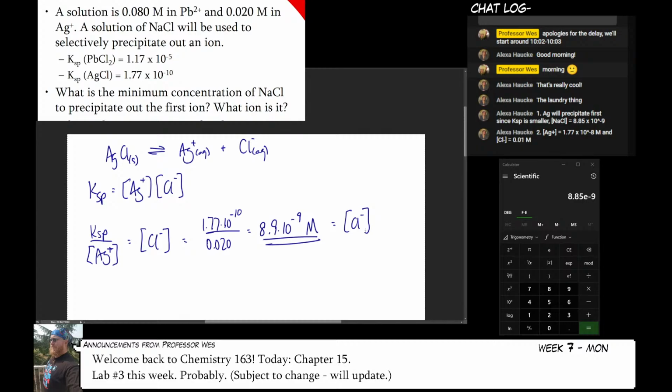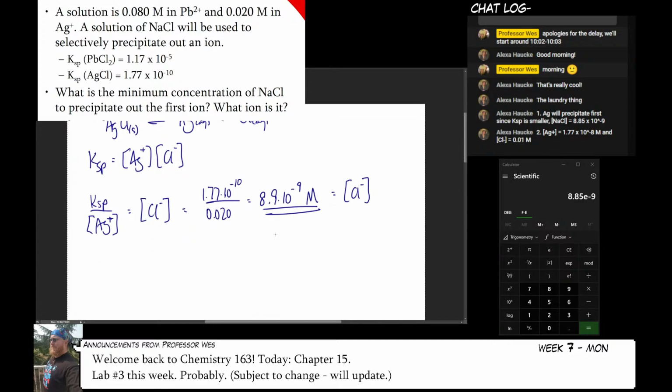Now, let's suppose that you had KSPs that were similar, and they had different numbers of ions, and you just weren't sure. Well, then you just do the other KSP, right? And you could check that too. Right, because the squared might screw things up. Who knows? And so we could solve for the amount of chloride for the lead concentration.